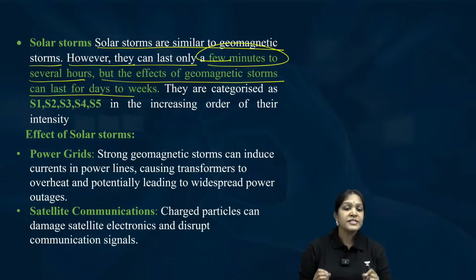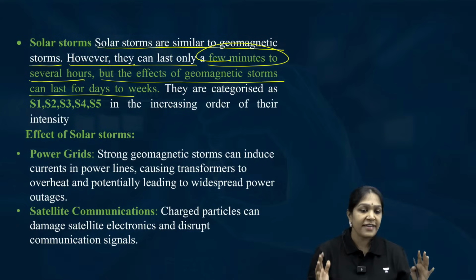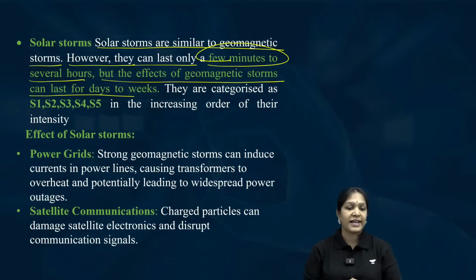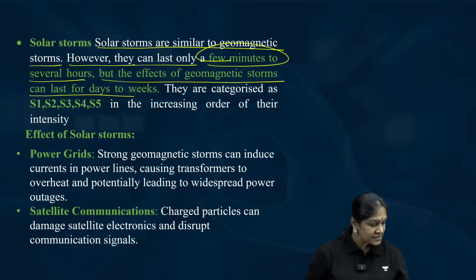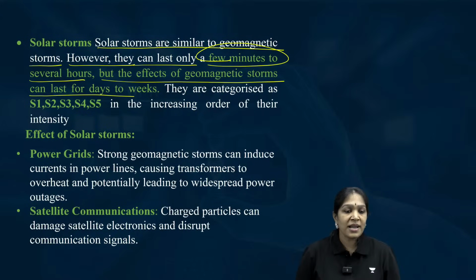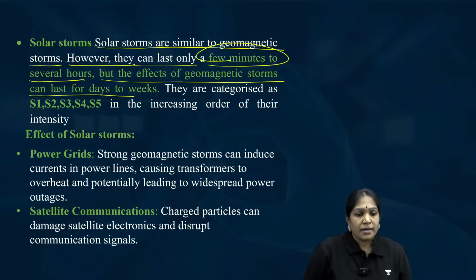Solar storms and geomagnetic storms, both are the same. But tell me, if a solar storm lasts for 1 week to a few weeks, what is it called? Geomagnetic storm.